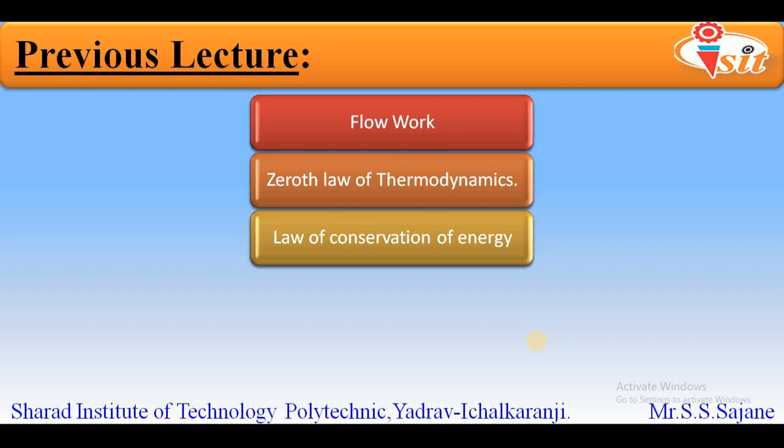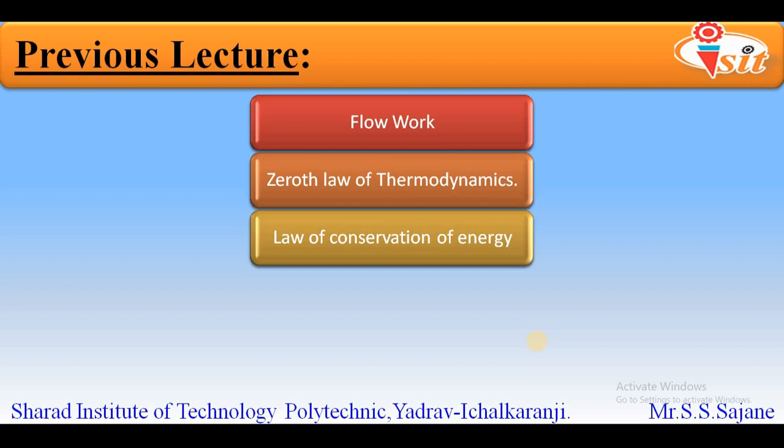Here again we saw the example of a car which was initially placed at a particular height. When the car is at a particular height, it has maximum potential energy and minimum kinetic energy. However, if the same car is running down a slope, then the potential energy is converted into kinetic energy.